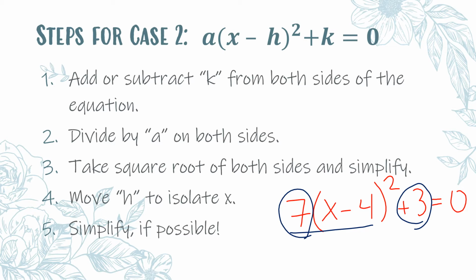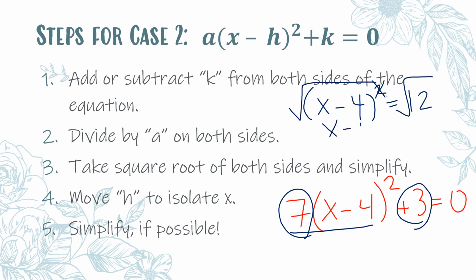Okay, then I'm going to take the square root because if I get to the end and I have x minus 4 squared equals, let's say 12, that's not the same as this example, but then to get rid of that 2, I can take the square root and this cancels out and then I can take the square root on that side. So what happens now is on the left, I'm just left with x minus 4 equals plus or minus the square root. Okay, so then I can move the 4 to the other side, and then if possible, simplify.